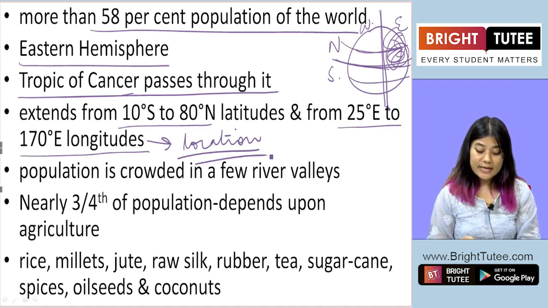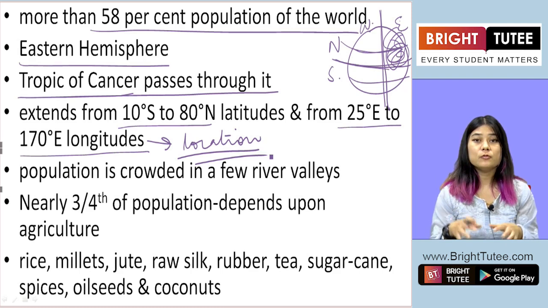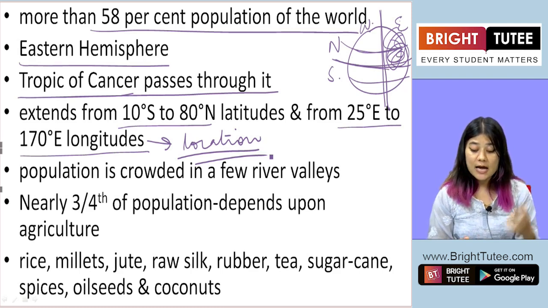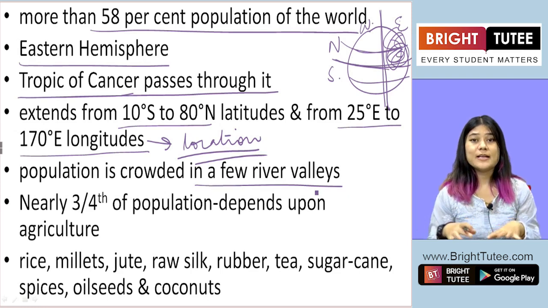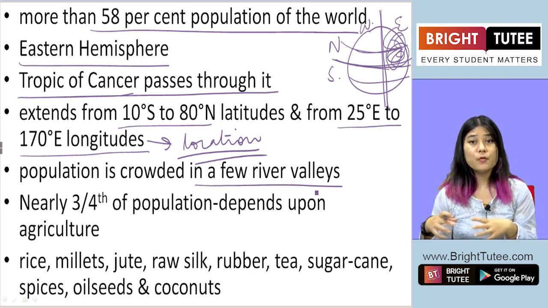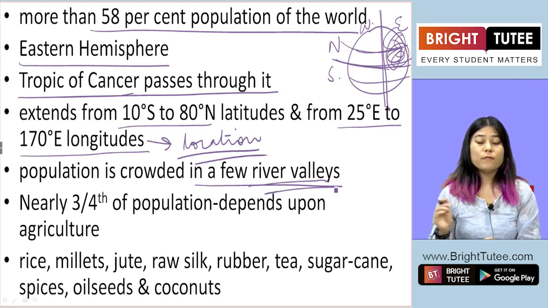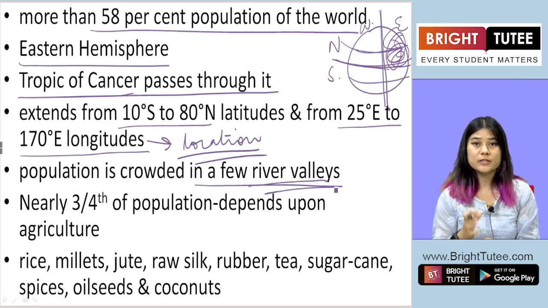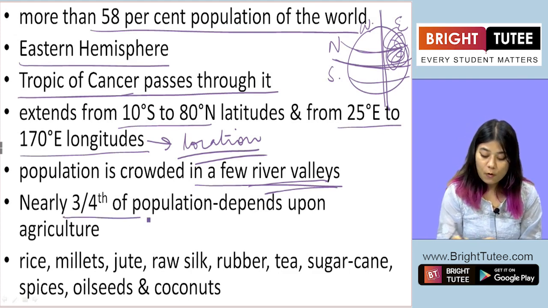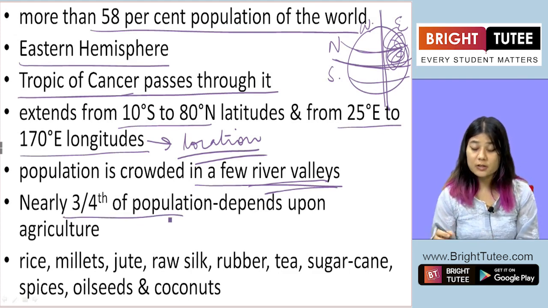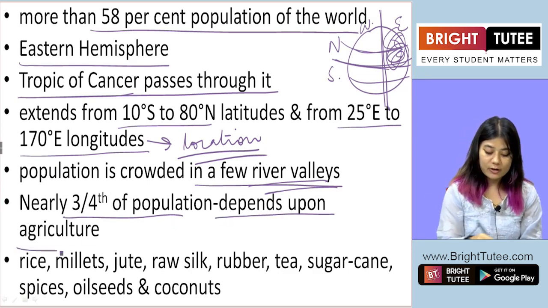Okay. Now, the people who live in the continent of Asia tend to crowd the river valleys. The river valleys which are in this continent, few of them are so crowded. Most of the people are concentrated in those river valleys. Okay. Now, of the total population of Asia, 3/4 of them, that means more than half of them, depend on agriculture.